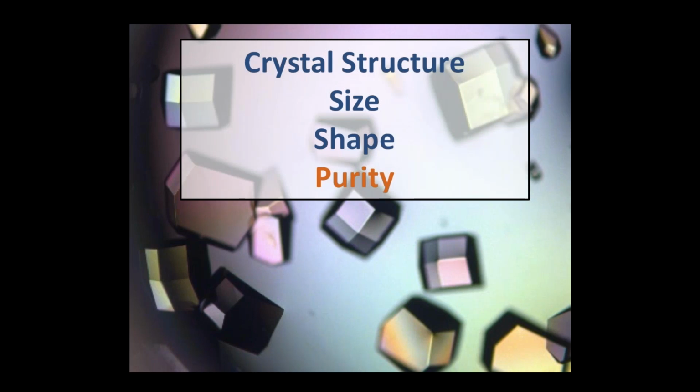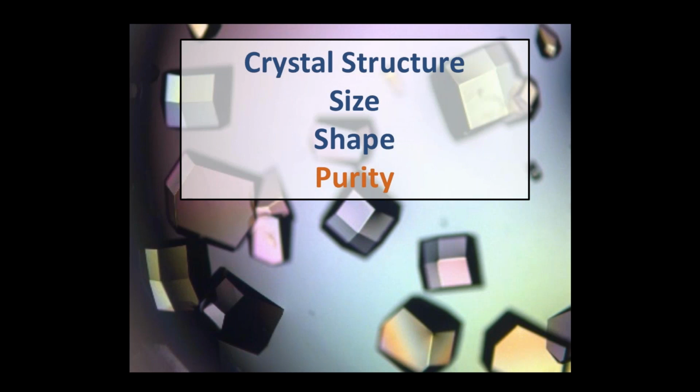If you look at this picture, you can see what we can define as product quality. It's the size and the shape of the crystals, which is also related to the crystal structure. But purity is also a very important part of the crystalline product.